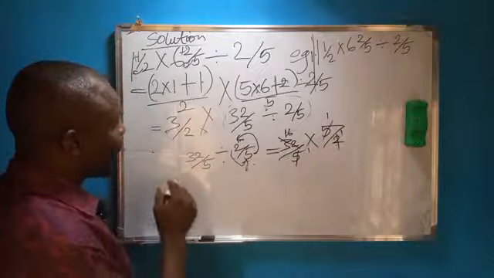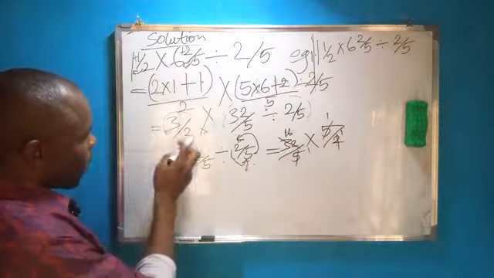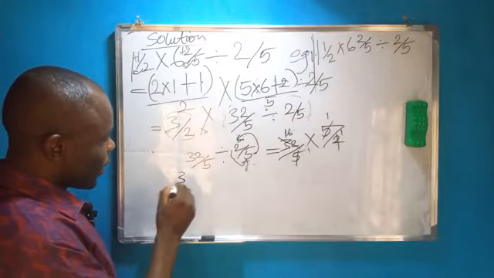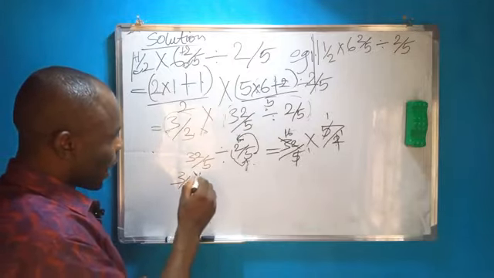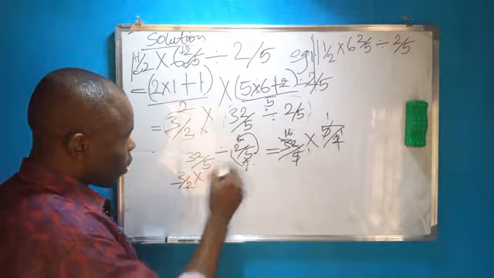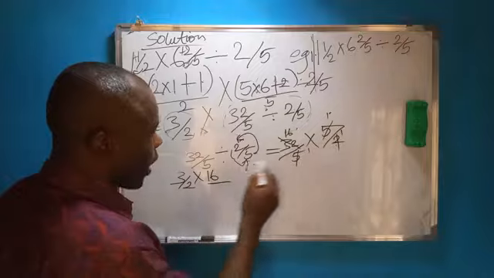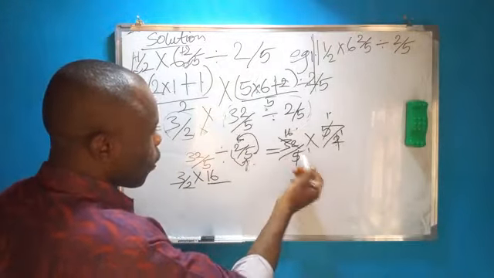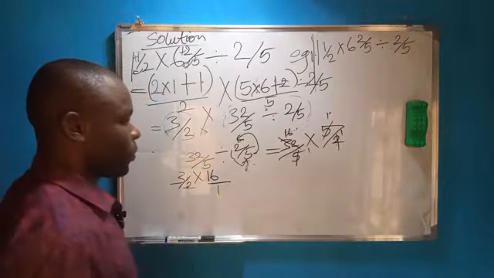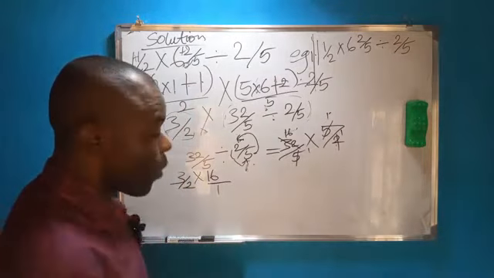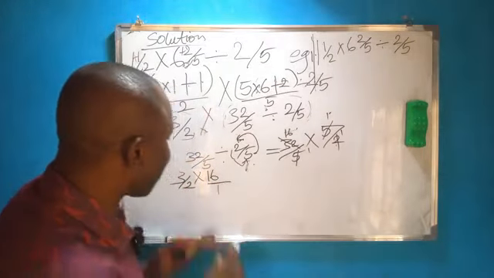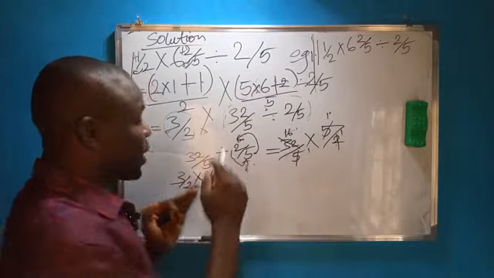Okay, so what we have here now is, you carry this in and come back to this place and say 3 over 2 times what? 16 times 1 is 16, all over 1. 16 all over 1. Have you seen it now? The last thing we have here now is this multiplication.